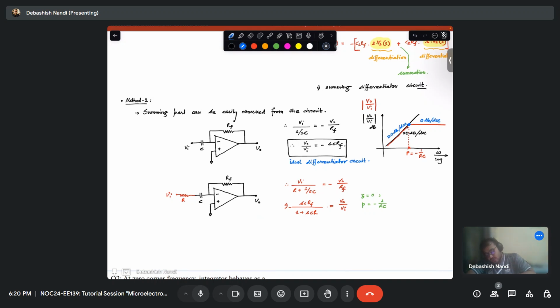So you see that this circuit is a differentiator, and this circuit having multiple input paths makes it a summing differentiator.